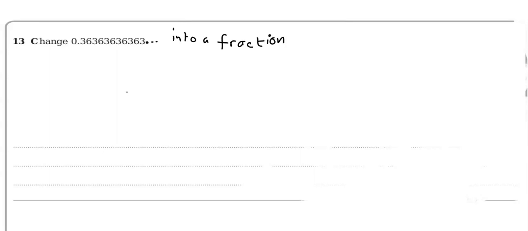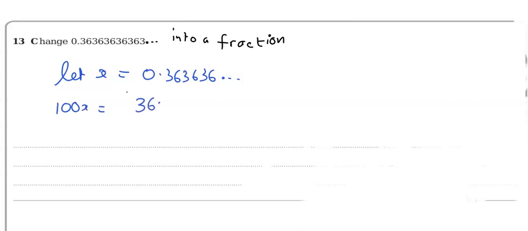And now we have to change that recurring decimal into a fraction. So we let x equal 0.363636, and it goes on forever. So therefore 100x equals, moving the decimal point 2 places to the right, 36.363636.